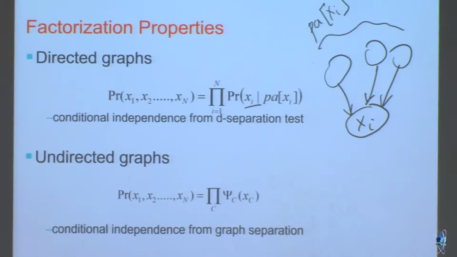For undirected graphs, you only consider cliques. C here stands for cliques. This is an undirected graph. What are the maximal cliques, the largest cliques here? They are pairs, right?